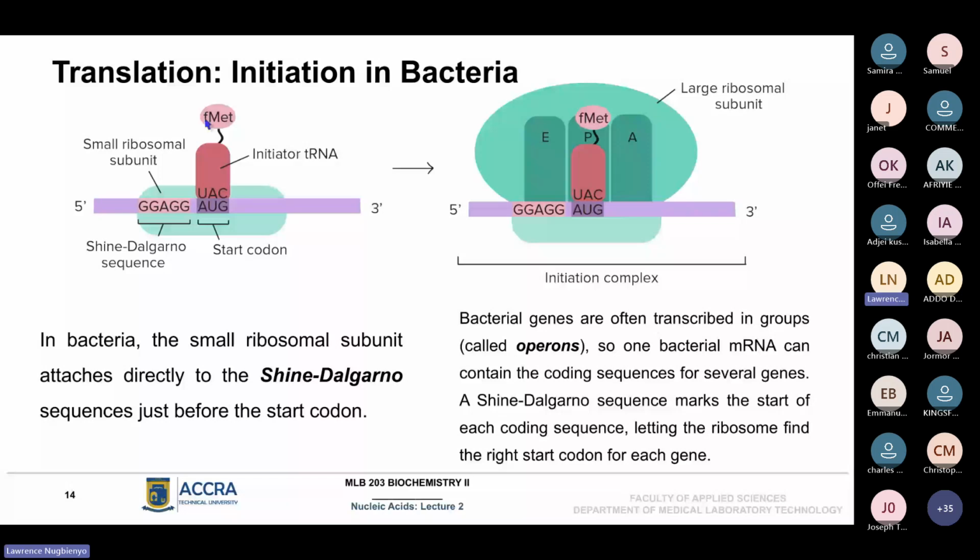Now, another thing is that, because you find this difference between the formyl methionine in bacteria and what you find in eukaryotes, you can use the amount of formyl methionine found in the body.